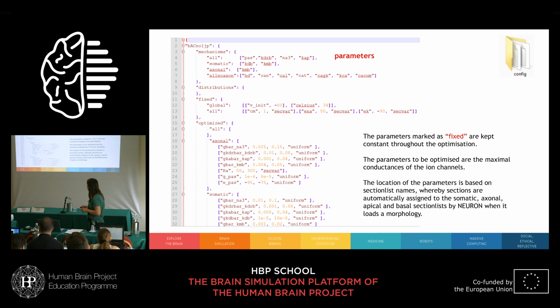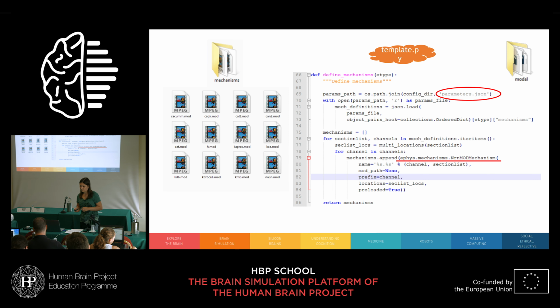The location of the parameters is based on the usual section list names automatically assigned by NEURON as somatic, axonal, apical, and basal section lists. The mechanisms are specified as mod files and of course combined with the parameters.json. These are appended as mechanisms to the IFIS object. Okay?